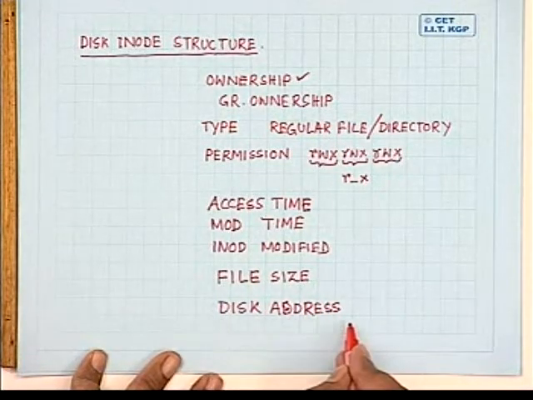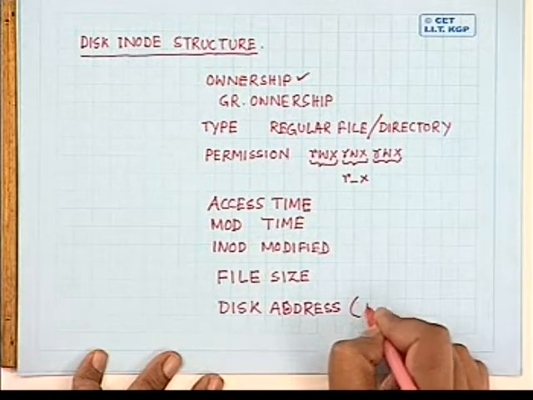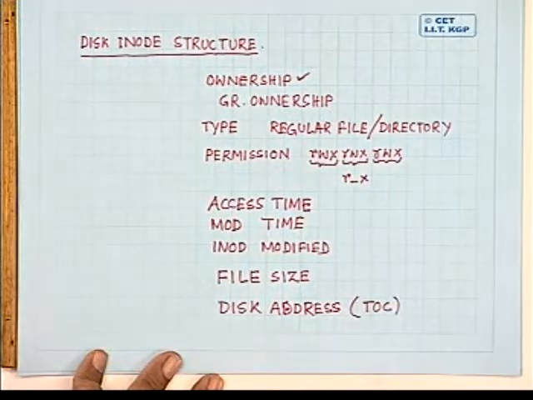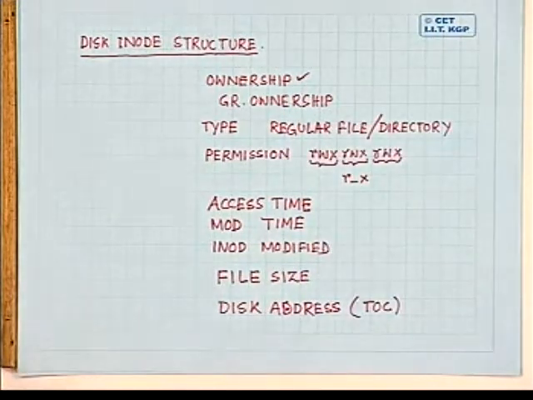So these are the block addresses of different data blocks of that file, and this is also called the inode table of contents, or TOC. Okay. So all this information of a particular file or of a particular directory will be contained in the inode, and these are the fields of a disk copy of the inode.